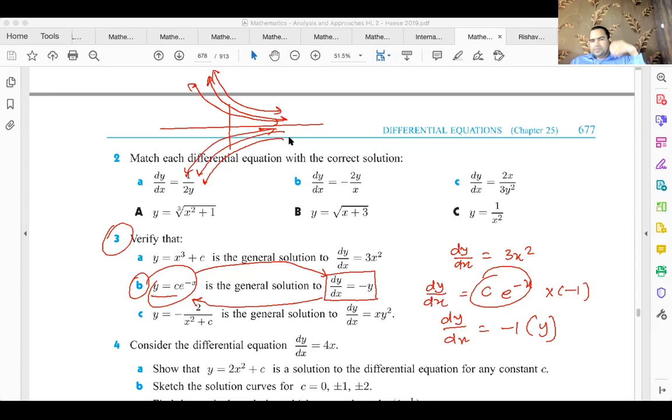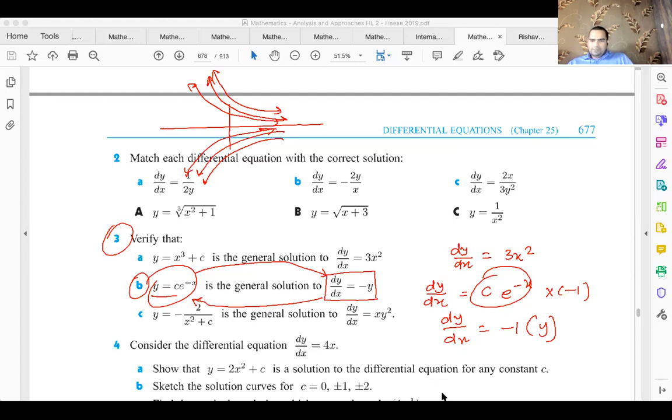To get the particular solution, you need to find the value of c with the given condition of x and y. For example, if I give that the curve passes through (2, 5), then one of these infinite curves becomes the particular solution. So this is the general idea about the differential equation.